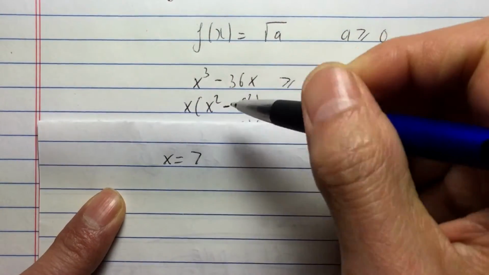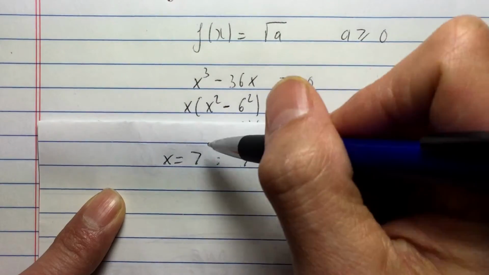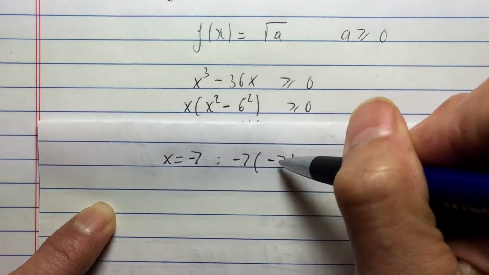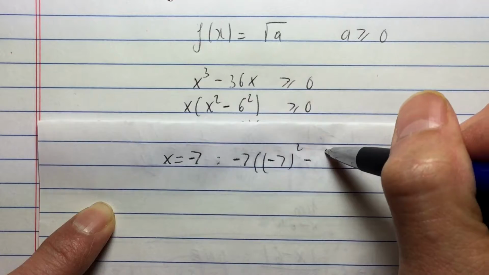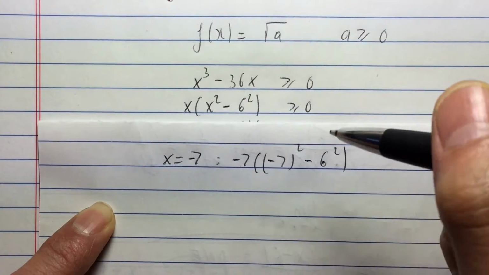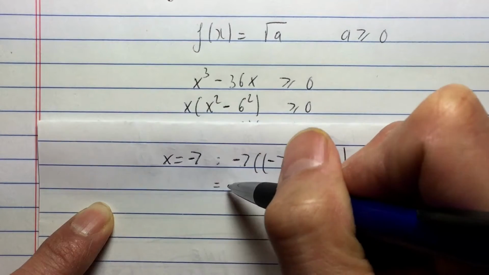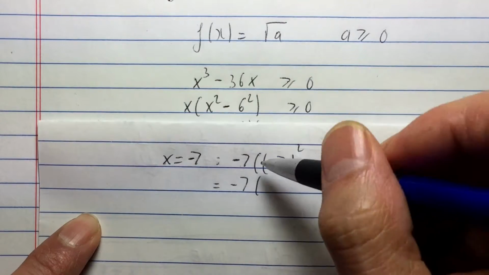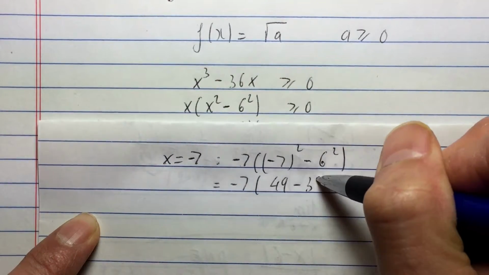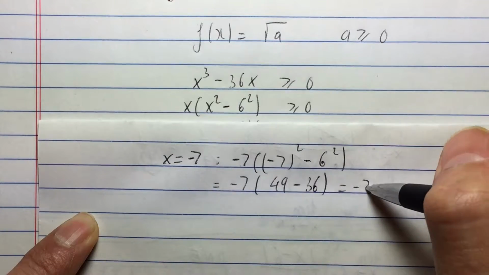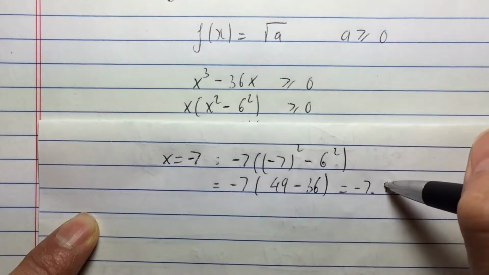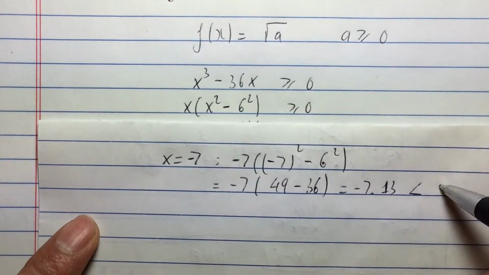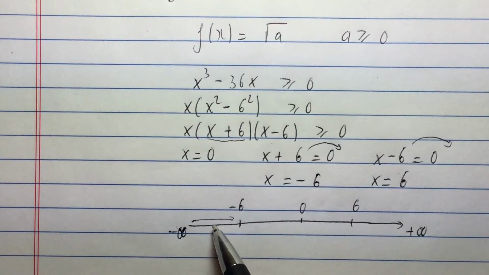We have minus 7 times (minus 7 squared minus 6 squared). So equals minus 7 times (49 minus 36), which equals minus 7 times 13. This one will be negative, because minus 7 times 13 is a negative number. So this region will be negative.